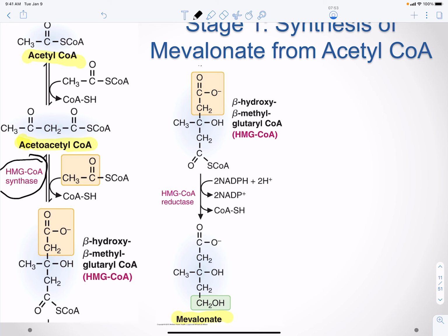Okay, so this is by your synthase, your hydroxy beta methyl glutaryl CoA synthase. HMG stands for beta hydroxy beta methyl glutaryl CoA. And so this is the rate limiting step.